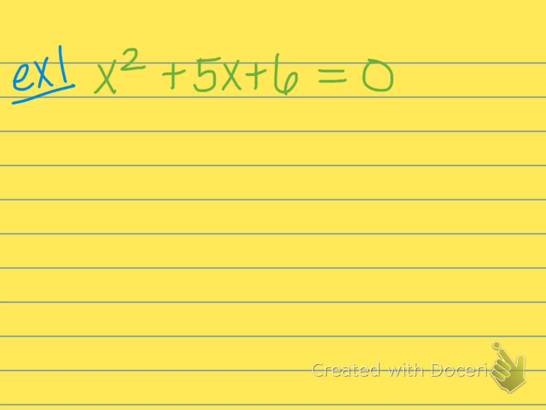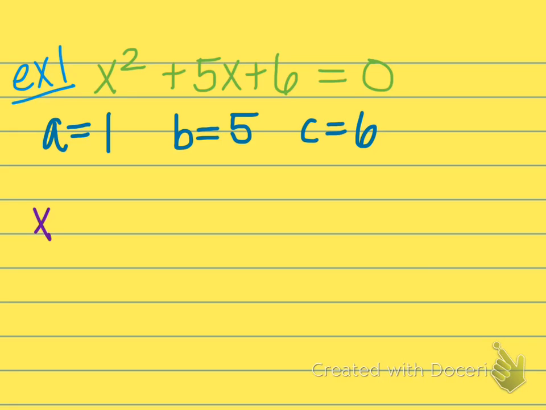It's already in standard form, so we can easily see that a, the coefficient of the squared term, is 1, b, the coefficient of the linear term, is 5, and c, the coefficient of the constant, is 6. So, singing my song in my head or aloud, I write out the quadratic formula and substitute in the values of a, b, and c.